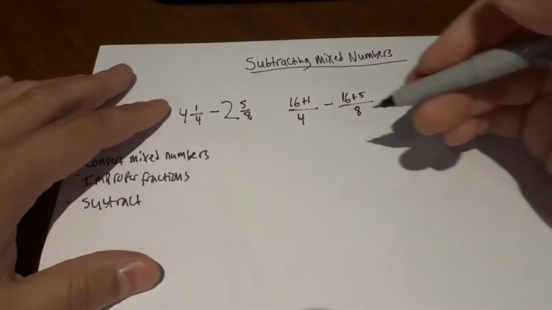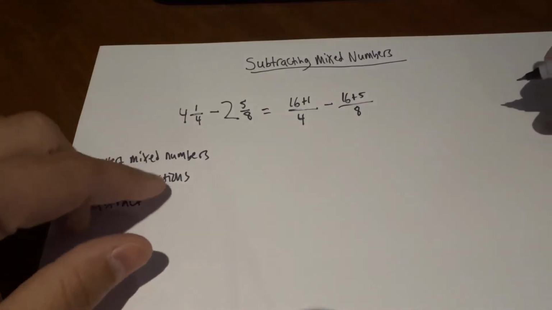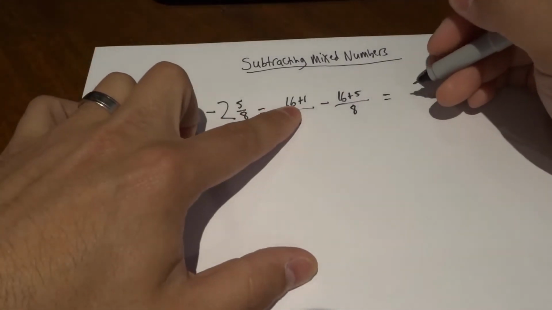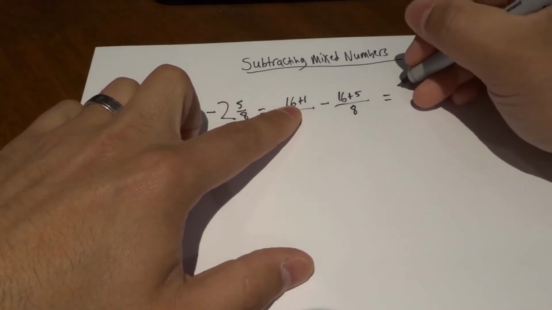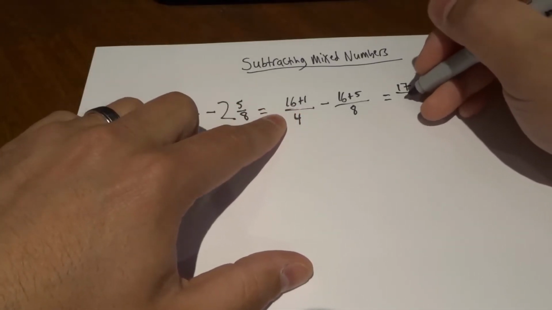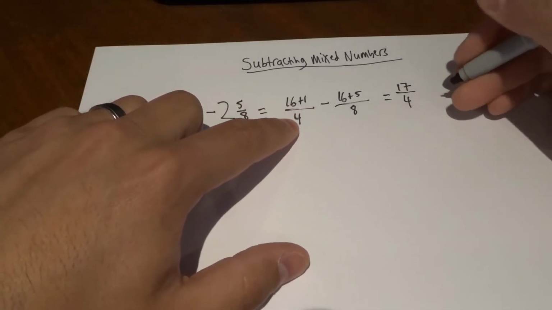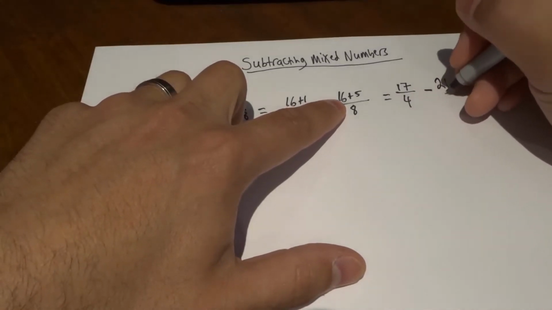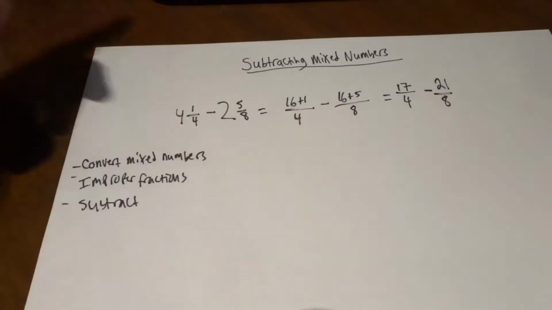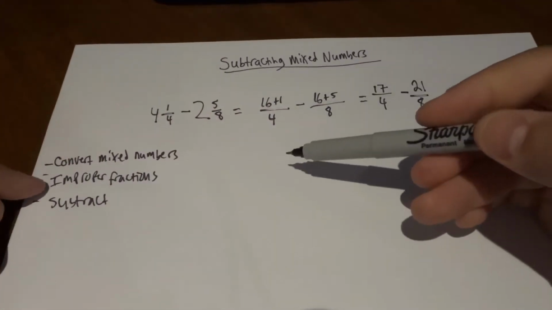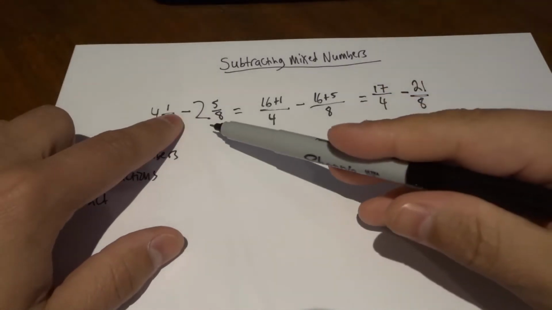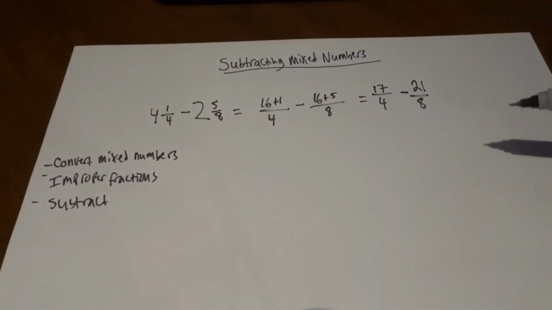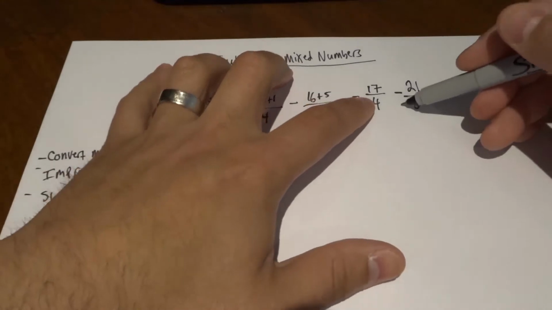Now we're going to keep going, so I'll just put an equal sign there, and simplify this. 16 plus 1 is equal to 17 over 4, the denominator stays the same, minus 16 plus 5 is 21 over 8. So now what we've done is we've taken the mixed numbers and converted them to improper fractions. Now we just have to subtract the improper fractions.